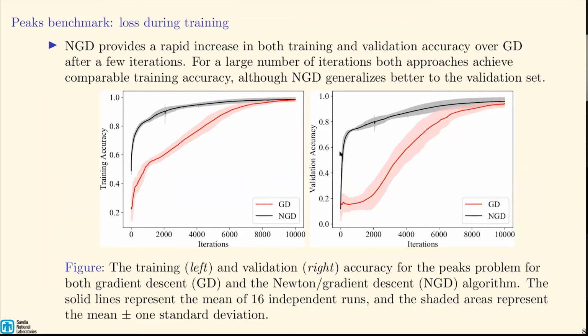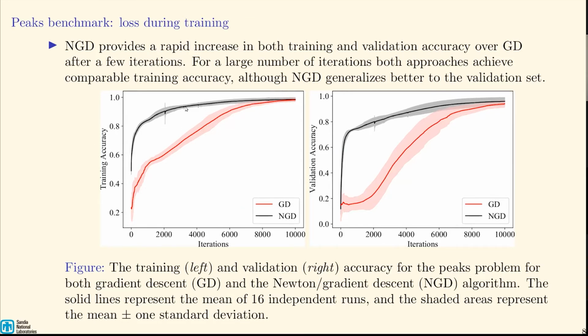Left is training, right is validation. The red curve is standard gradient descent and the black curve is Newton gradient descent. So you can see that the Newton gradient descent gets to a good accuracy much faster than the regular gradient descent.